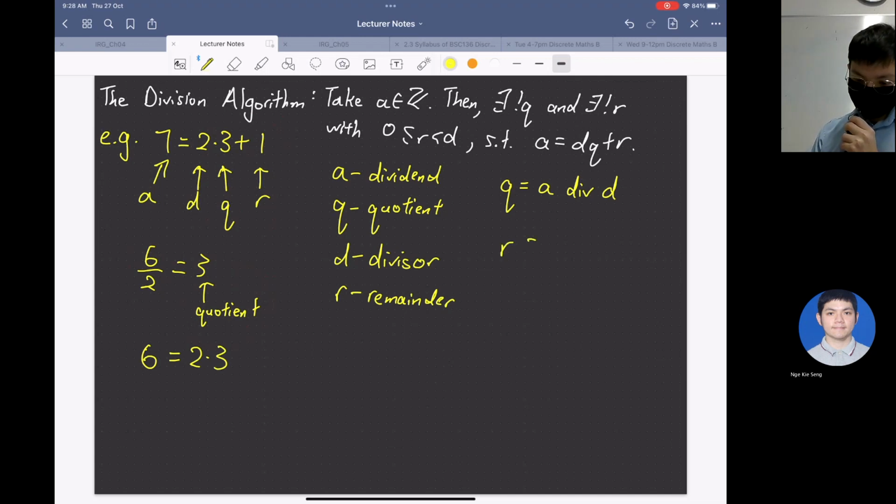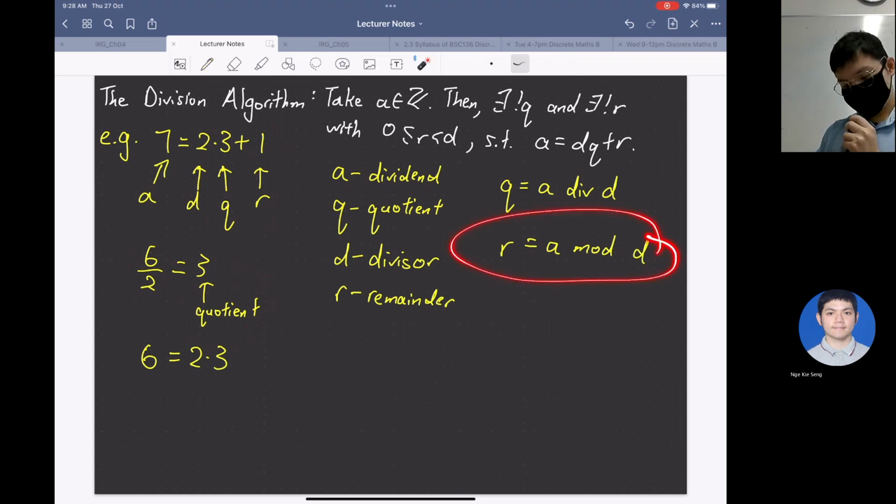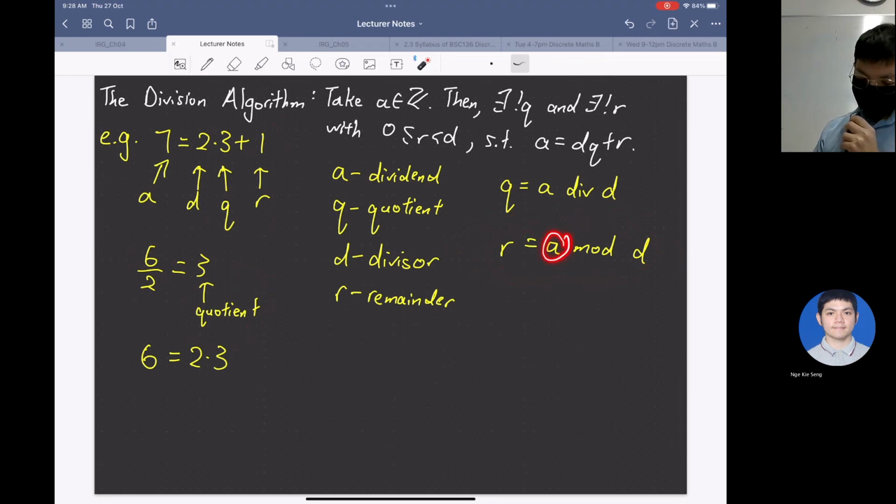And then R is equal to A mod D. This one I want you to remember because we will use it frequently later. When I write A mod D, it is the remainder after you divide by D.